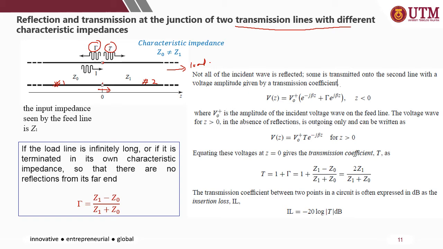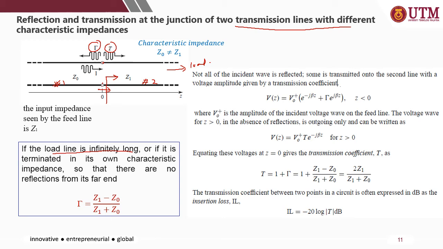Okay, so the input impedance seen by the feed line is equal to Z1 if the load line is infinitely long. So we don't know where the load is positioned or where exactly the ZL is.